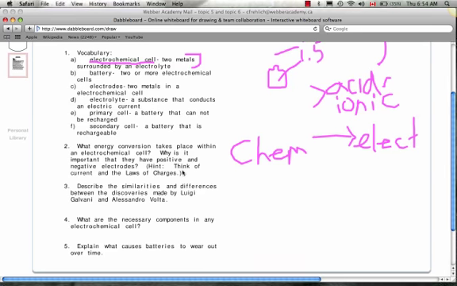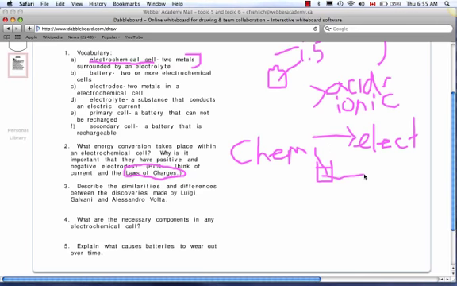Next, why is it so important that they have a positive and negative? The hint here is if we go back to static electricity and the law of electrical charges. In a wet cell we have the liquid in here.